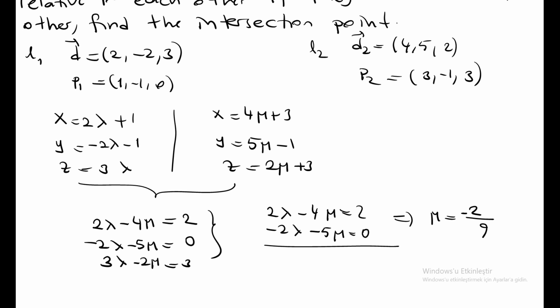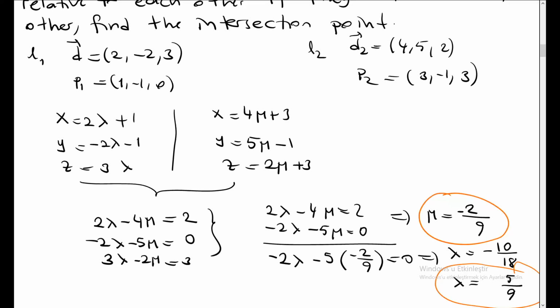I consider the first two equations and try to solve them. Okay, so I find the mu. So put this one here: 2 times lambda minus 5 times −2 over 9 equals 0. So lambda will be 5 over 9.